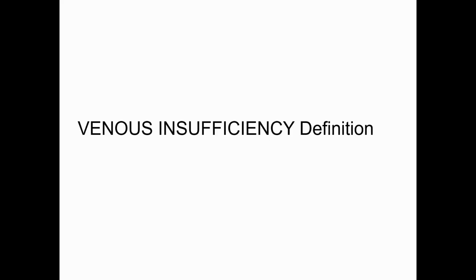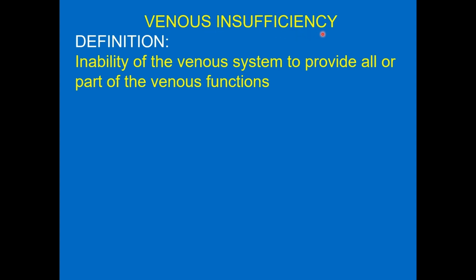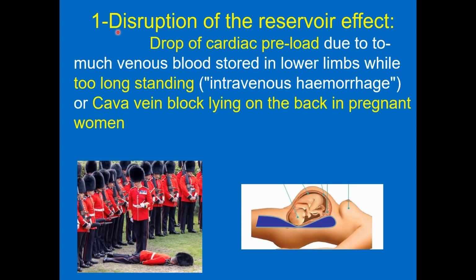Definition of venous insufficiency. Venous insufficiency is the inability of the venous system to provide all or part of the venous functions. Disruption of the reservoir effect: it's a drop of the cardiac preload due to too much venous blood stored in the lower limbs while standing, long-standing intravenous hemorrhage, or a cava vein block when lying on the back in pregnant women.